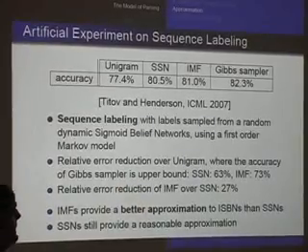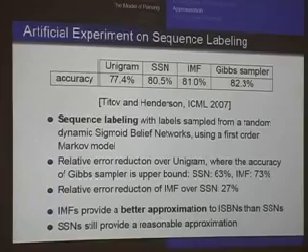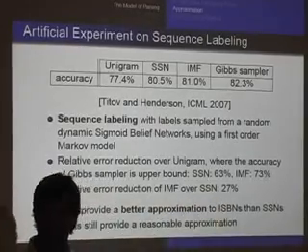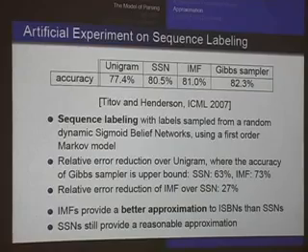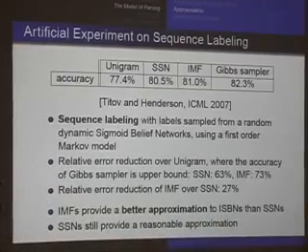The incremental mean field has a 73% error reduction, which is a 27% improvement over the neural network in error reduction. So incremental mean field is a better approximation than the neural network, but the neural network is also a pretty good approximation.